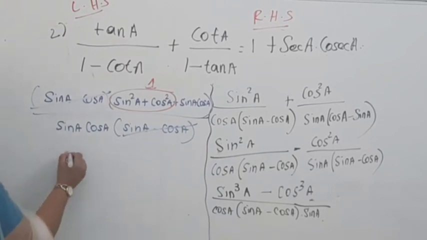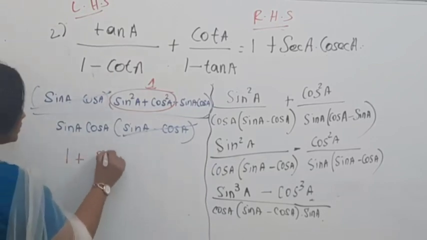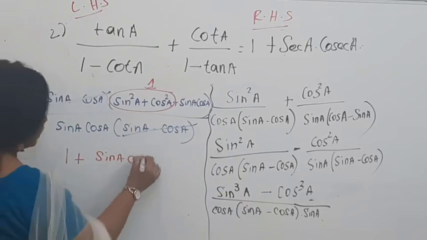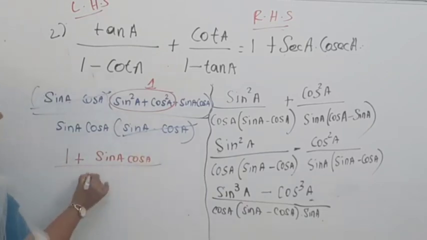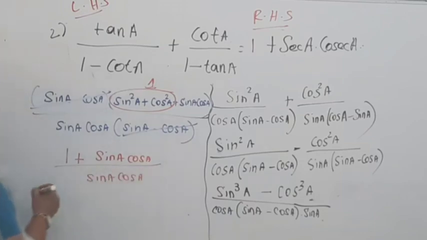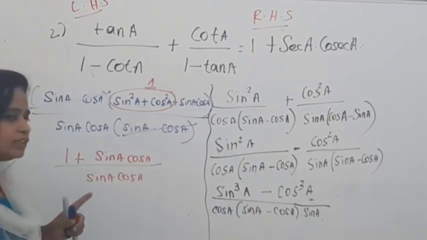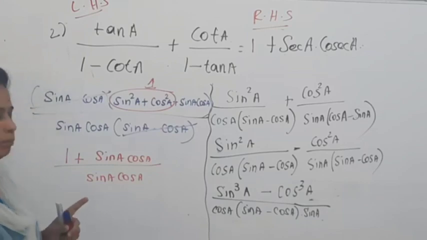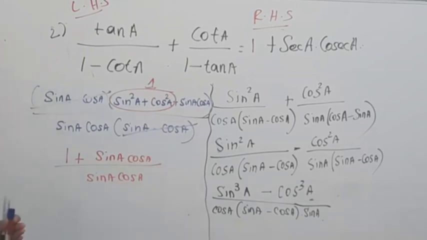So I will have 1 plus sin A cos A divided by sin A cos A. Now I told you in the previous identity, if it is only one term in the denominator, try to separate the numerator with the denominator.